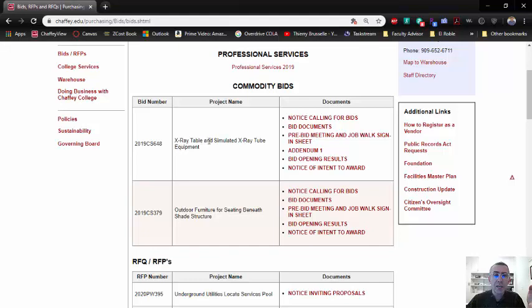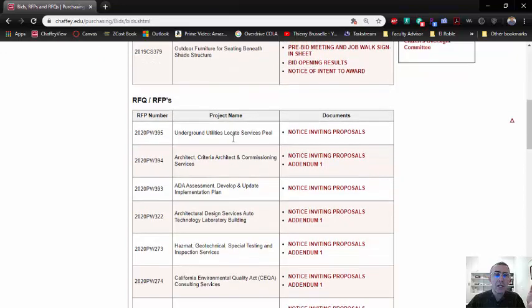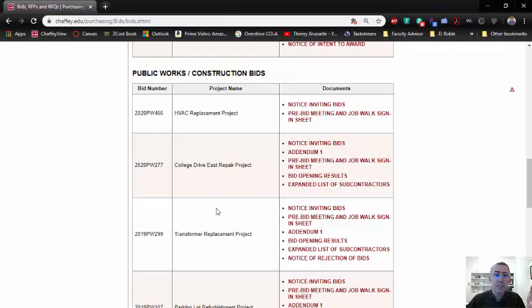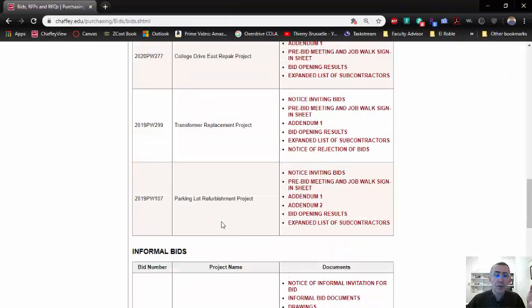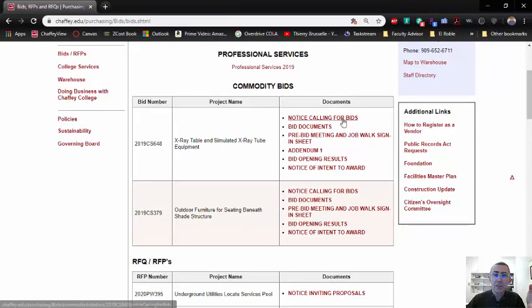So we need X-ray tables and simultaneous X-ray tube equipment. And so, notice calling for bids. What are the bid documents? Outdoor furniture seating beneath shade. So these are all things that currently Chaffey is looking at. HVAC replacement, we have a bunch of projects, right? And so we invite people to compete, notice for bids.